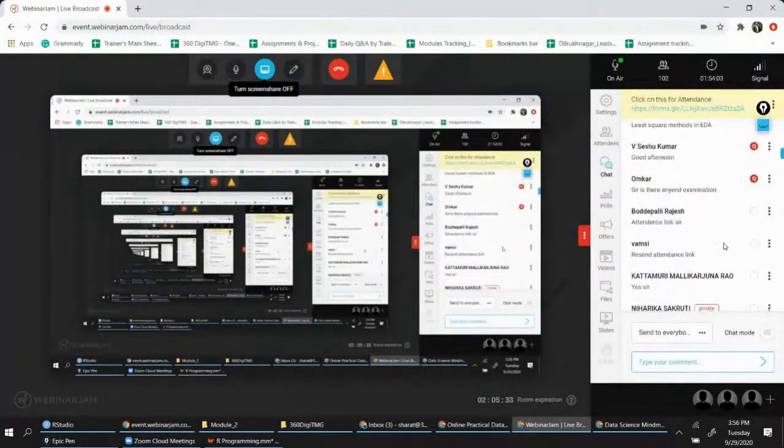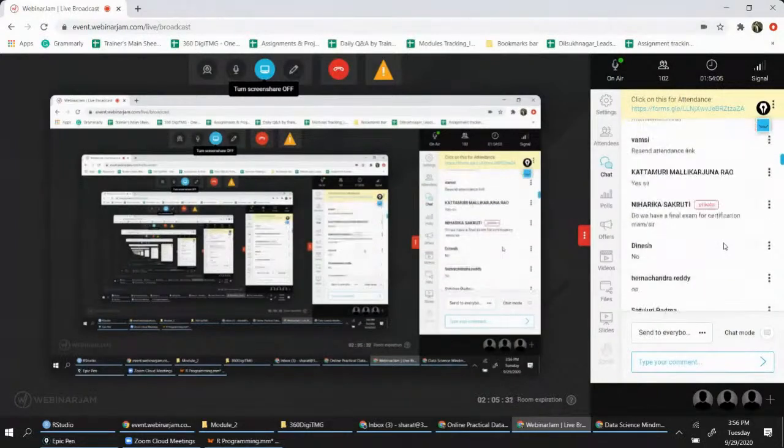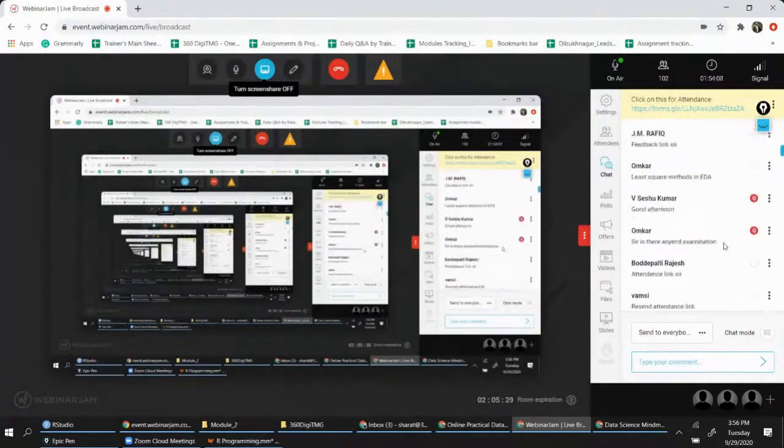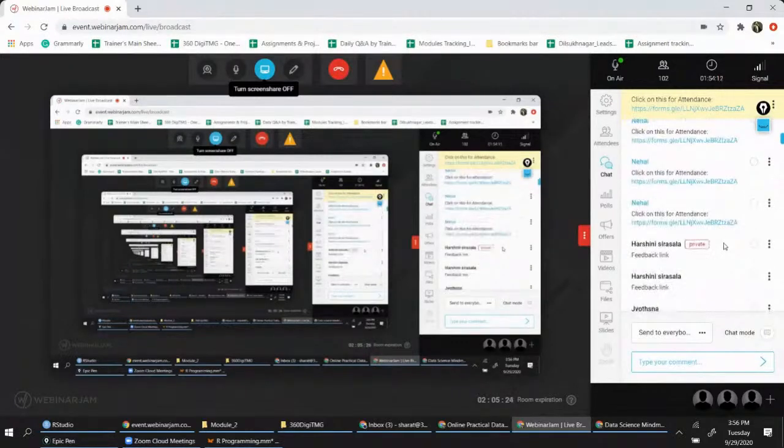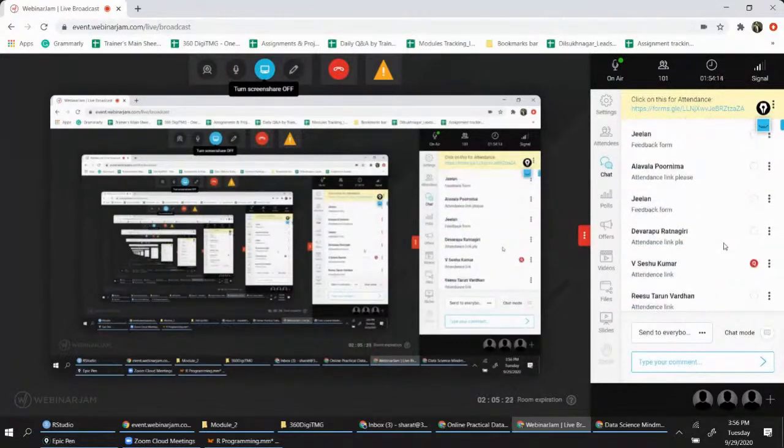Now what schedule a job? I didn't understand. Schedule a job? What job? You're doing analysis, Jyotsna. It's not an application that you're developing.